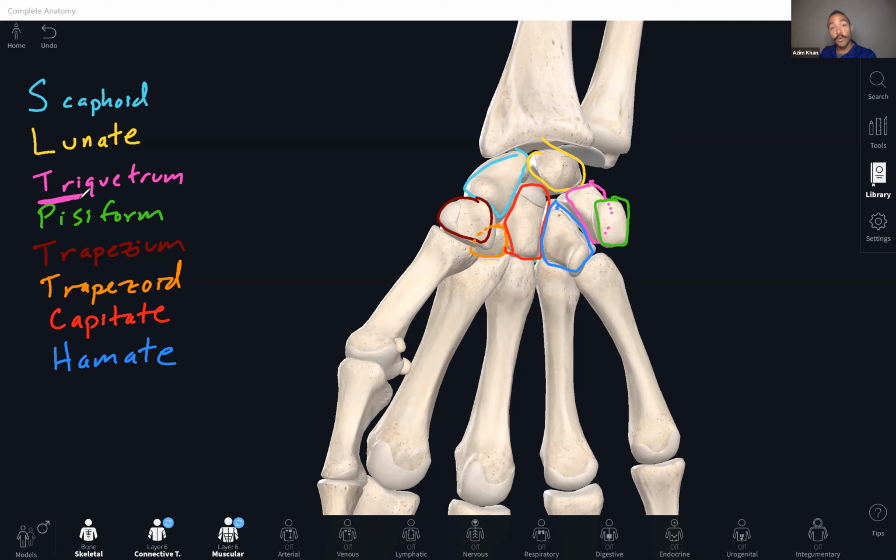Tri is the third one in the row. Scaphoid, lunate, triquetrum. But then what about trapezium and trapezoid? Your thumb is right here. Trapezium is by the thumb. And then trapezoid is left over.